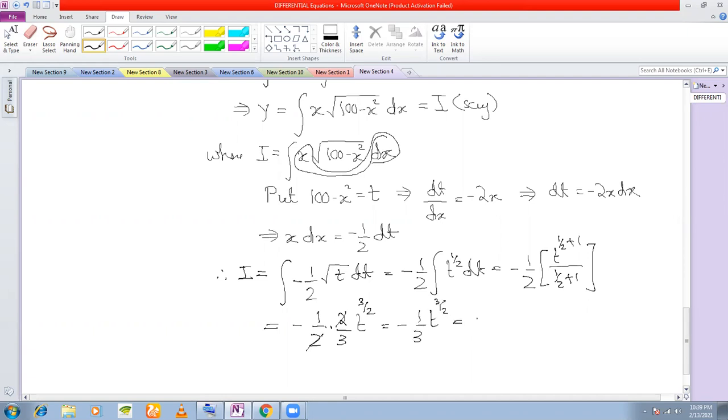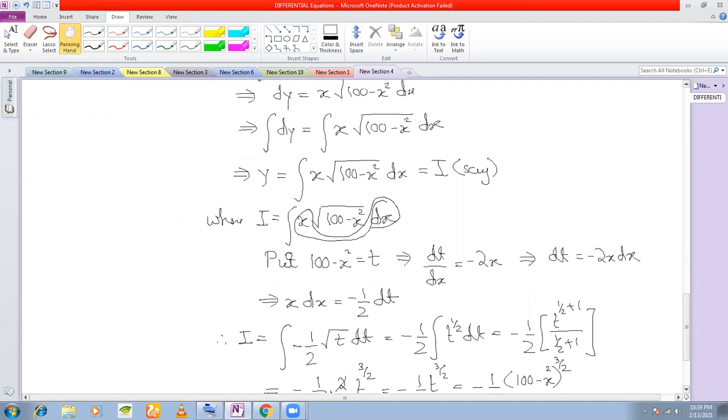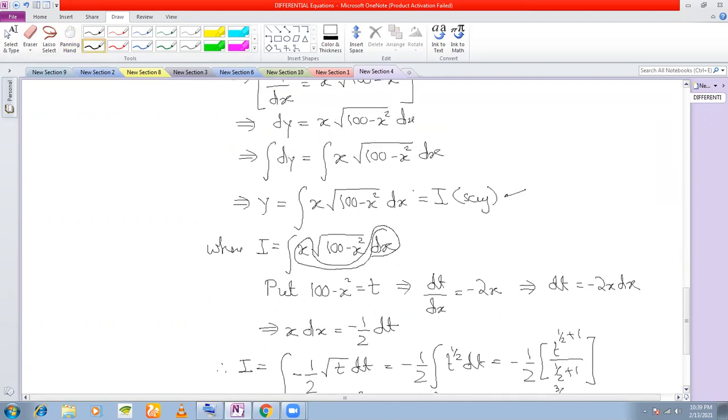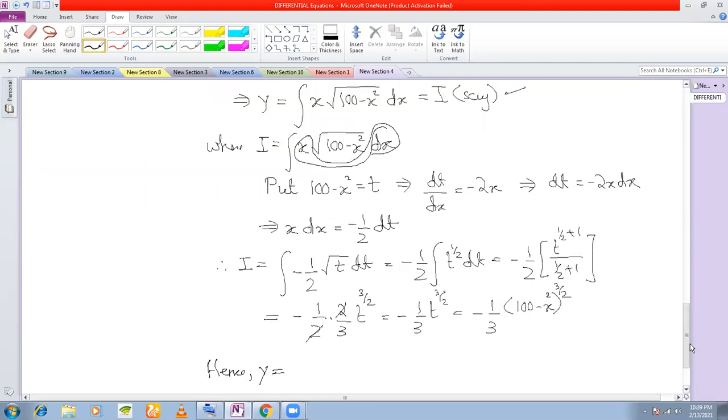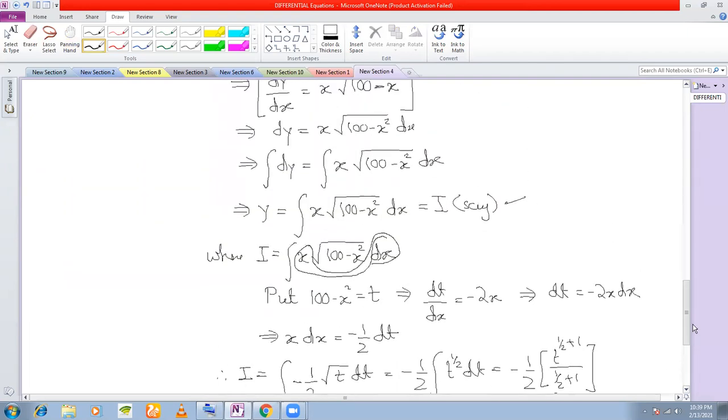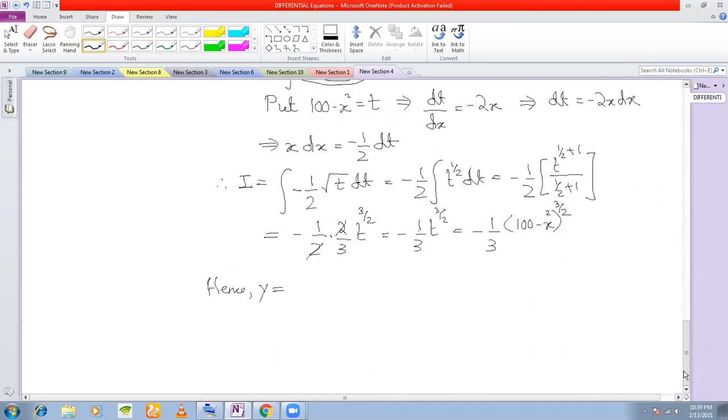Now if you put back the value of t, what do you get? Minus 1/3, t is 100 minus x square to the power of 3 by 2, isn't it? So now you put it here. Therefore, what do you get? Hence y is equal to I. What is I here?